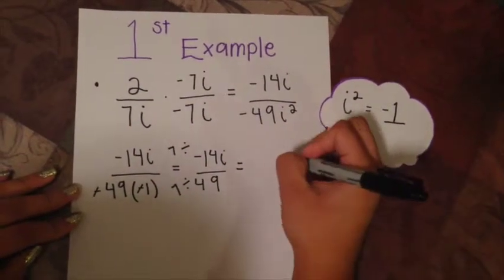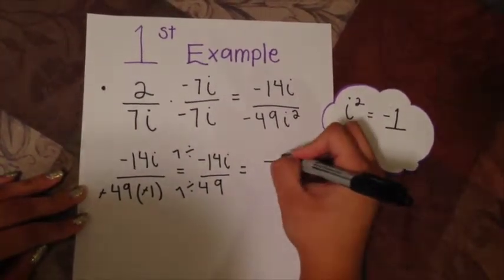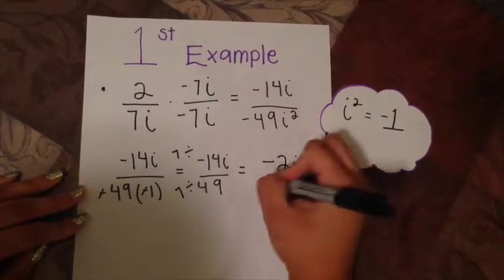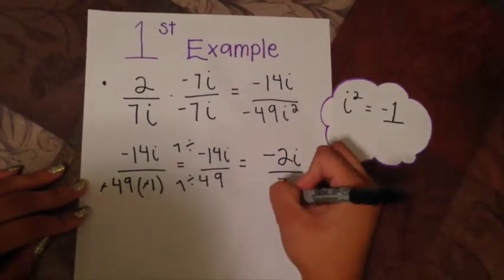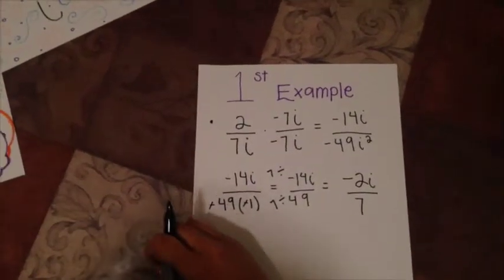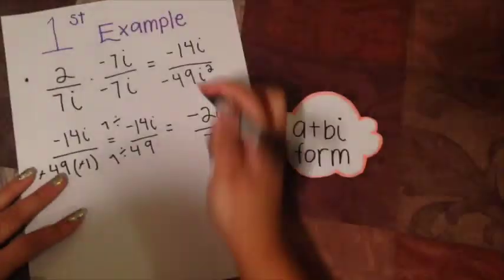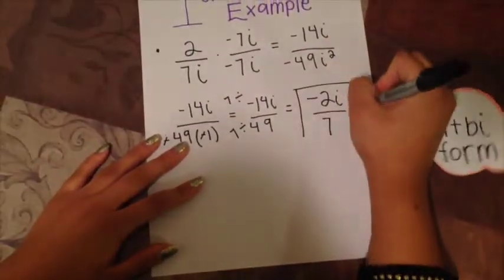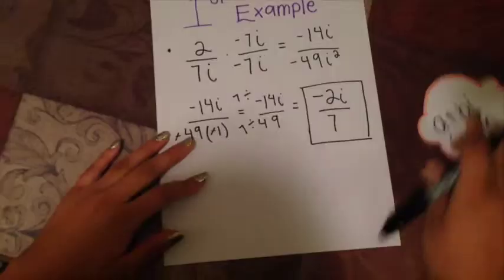And as a numerator, we're going to get negative 2i over 7. And all we have to do now is check that it is in a plus bi form. And since it is, we're just going to box that, and that's our answer for the first example.